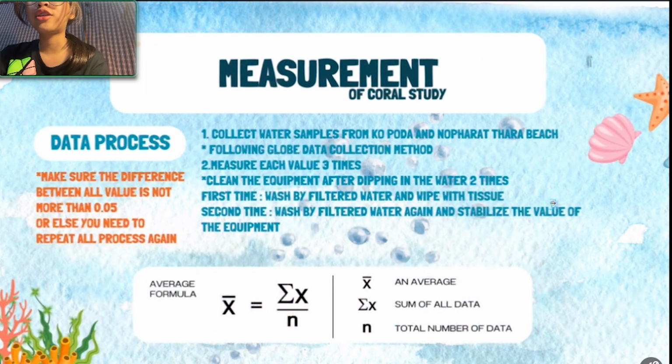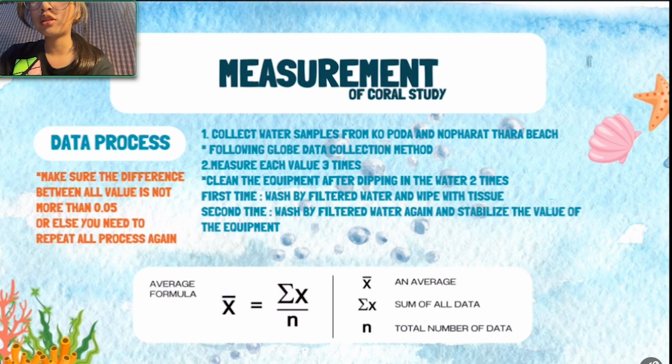Let's move to the measurement of the water study. We're talking about the data process. First, we collect the water samples from Ao Bada and Nopparatara beach. Then we follow the GLOBE data collection method by measuring each value 3 times. Clean the equipment after dipping in the water 2 times.